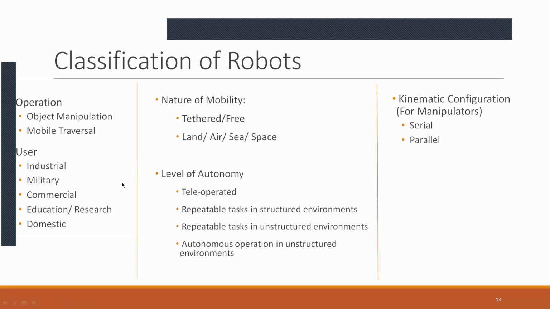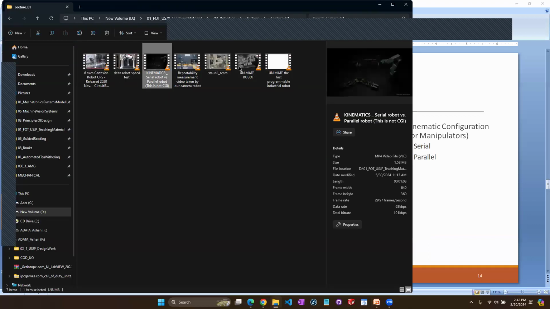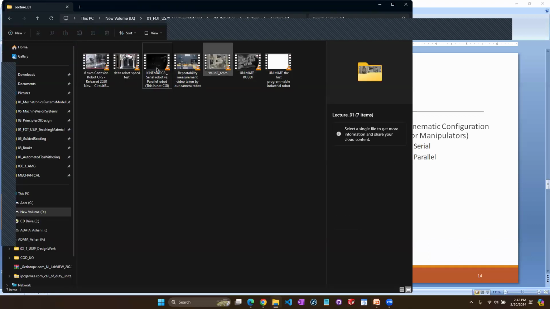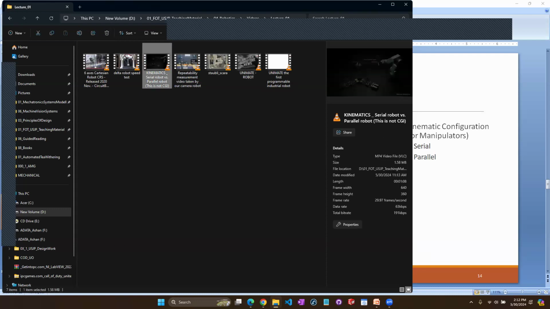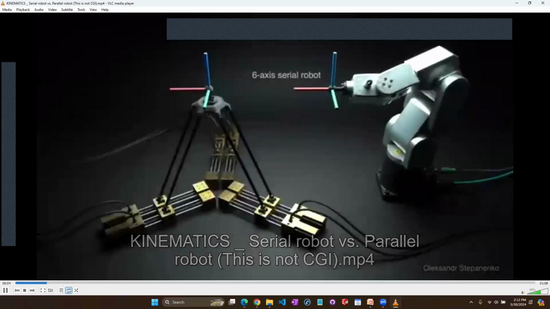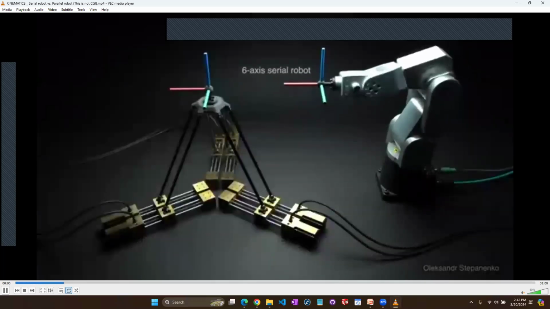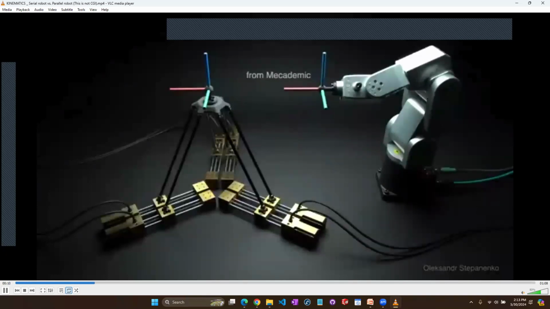Right now, it would be easier for me to simply show you serial and parallel robots side by side. So what's on the right is a serial robot, and what's on the left is a parallel robot.